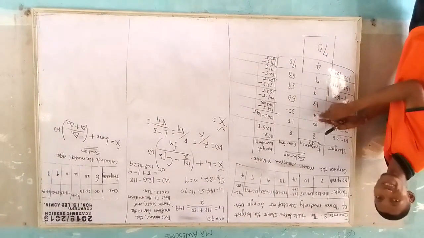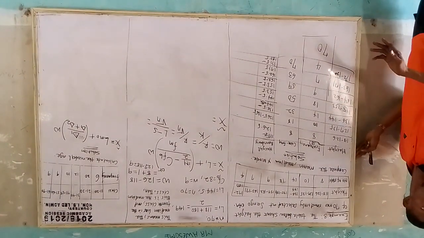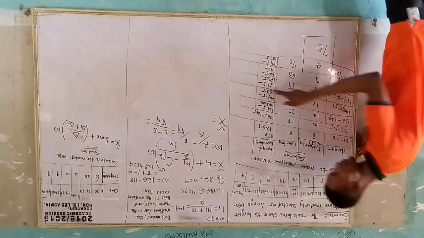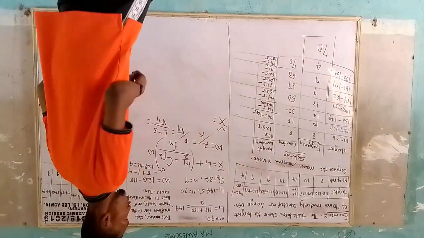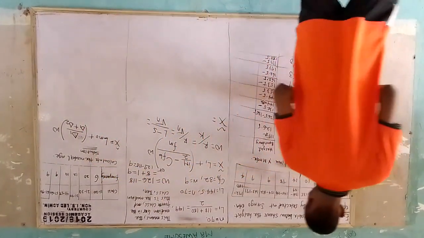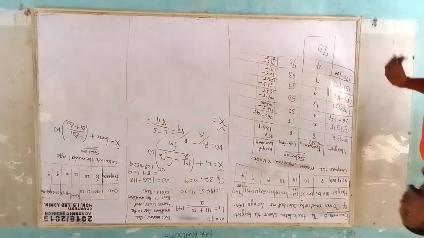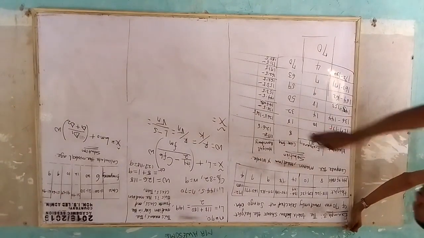You can take all of it, but it's stressful, so you just do this one and divide by 2. So it falls between these, and we can now say that the median falls here. So the lower class boundary of the median class, the median class is this, right?